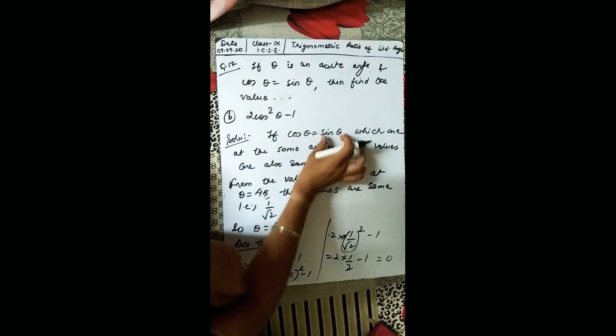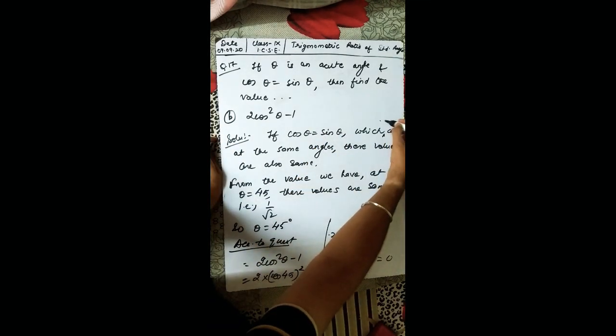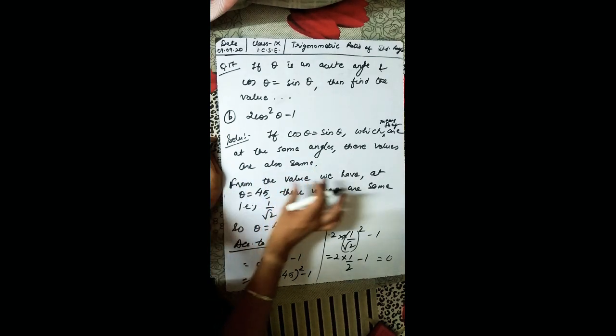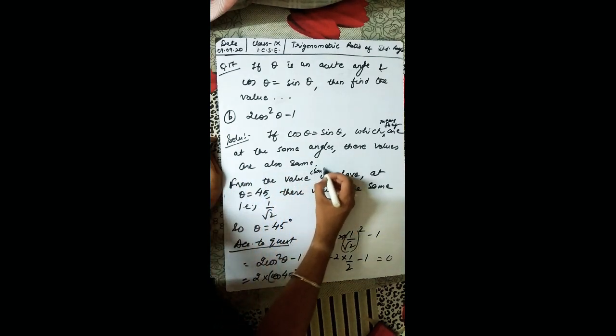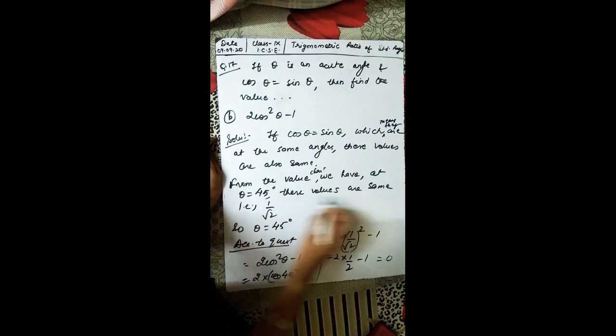If cos theta equal to sine theta, which means they are at the same angles, their values are also same. From the value chart, we have at theta equal to 45 degree, their values are same.